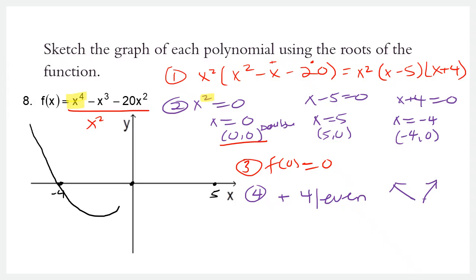And then at 0, we have a double, so we bounce. And then we're going to continue on out to 5. So again, right now, it's a little more curved, we're not really worried about the y values exactly. We're just making sure we understand the shape of what the graph looks like. And that will be our last example for part 2 of 3C.5.